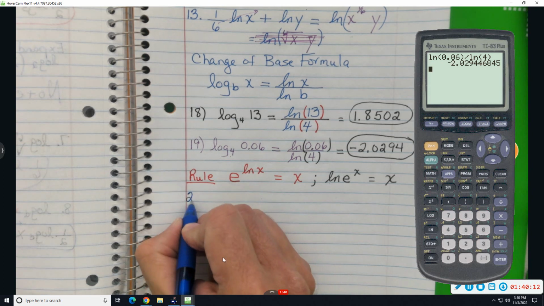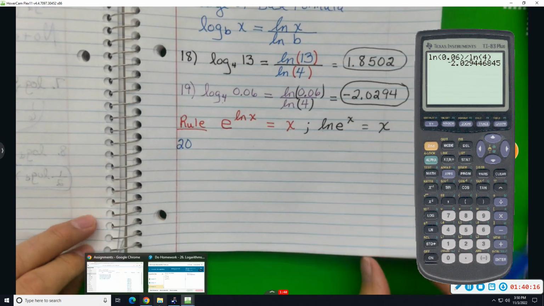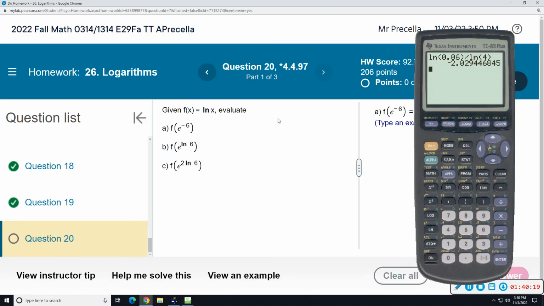Number 20 is not as hard as it looks. It's not hard at all, as long as you know about this canceling among e and ln. f of x is equal to the natural log of x. Okay, f of x equals ln x, part A. Why don't you write all three parts down, and then I'll switch over to the paper.